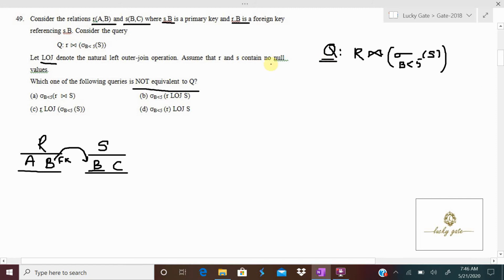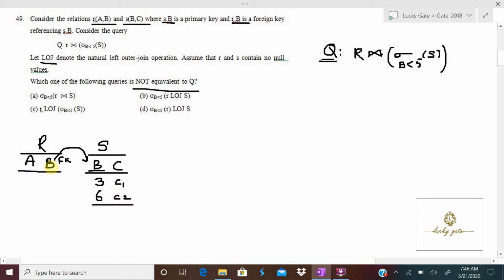For this case I'll be taking some sample data. Here in the query the condition is B less than pi. So I'll take some tuples in S whose value is less than pi and something greater than pi. Say this is C1 and C2. This is the sample data I have taken.